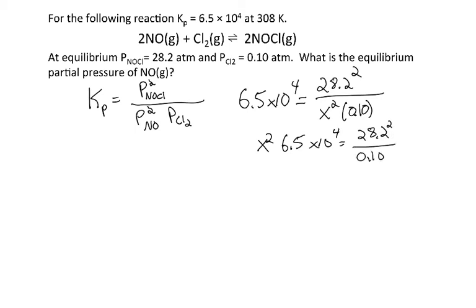All right, then I'll do the arithmetic on the right-hand side. Now divide both sides by 6.5 times 10 to the 4.